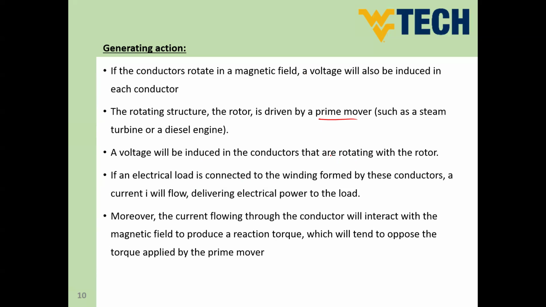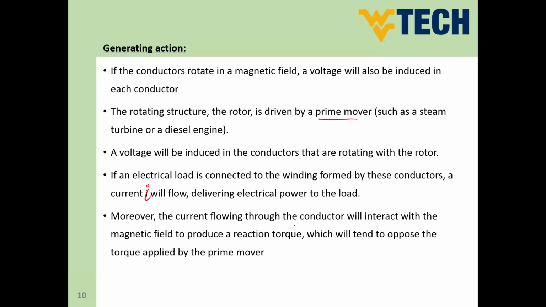Once you have a load connected to this winding, you can start supplying electrical power. So if an electrical load is connected to the winding formed by these conductors, a current I will flow, delivering electrical power to the load. Okay, so this is nothing but the generating action, guys.